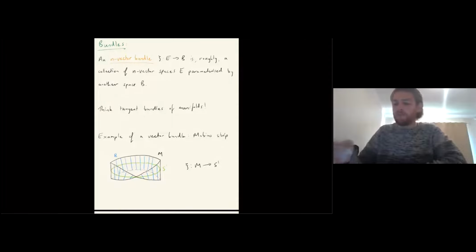The property is that locally this needs to be trivial. You can take any neighborhood and cut it and untwist it. It's just a product. But globally, you can have this twisting, which you can't untwist.